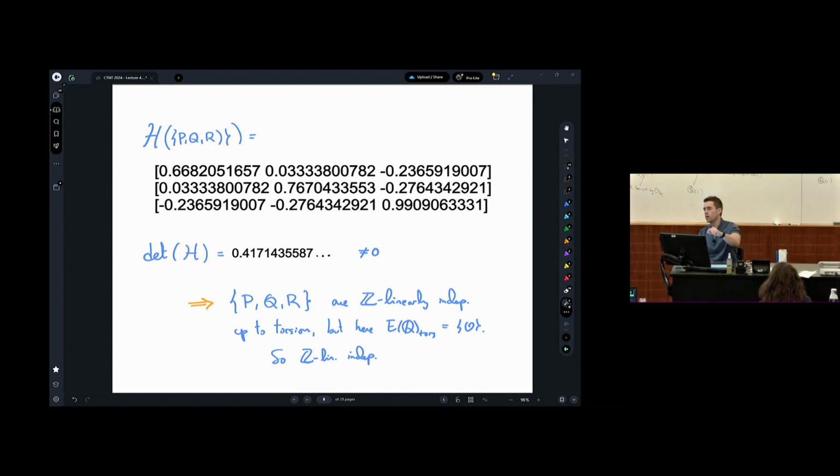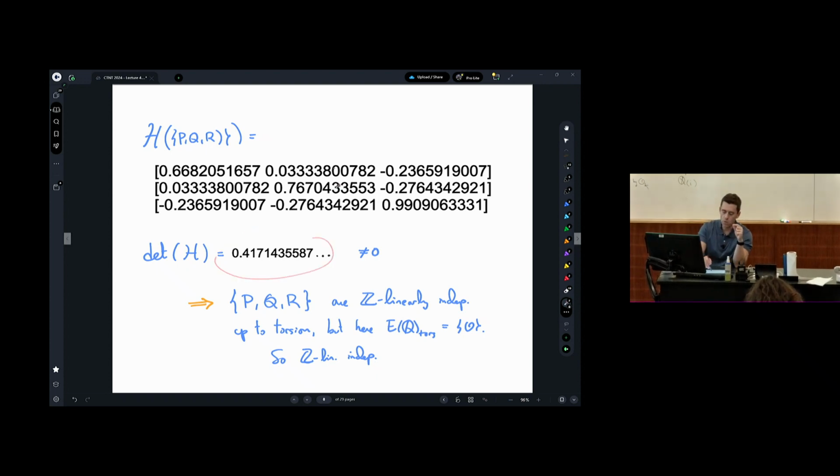This number appears in the L function at s equals 1, because the volume of that parallelepiped spanned by these 3 generators of the Mordell-Weil group is what we call a regulator, and it comes up when you prove, for example, Dirichlet's theorem on the structure of the unit group. There is a regulator there.